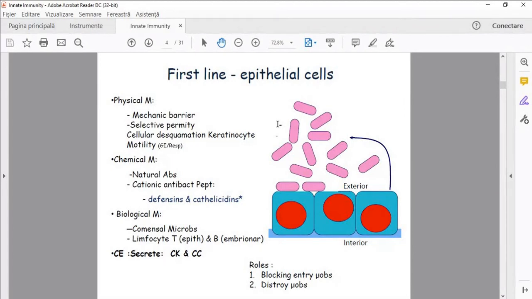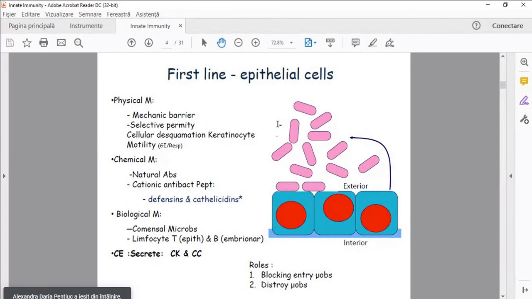So besides their role of mechanical barrier, they have selective permeability for different substances, and also at the respiratory and gastrointestinal level, they have motility, which is also involved in a protection mechanism.